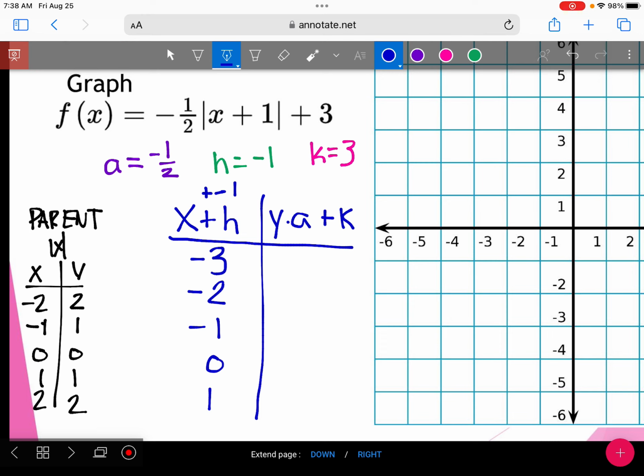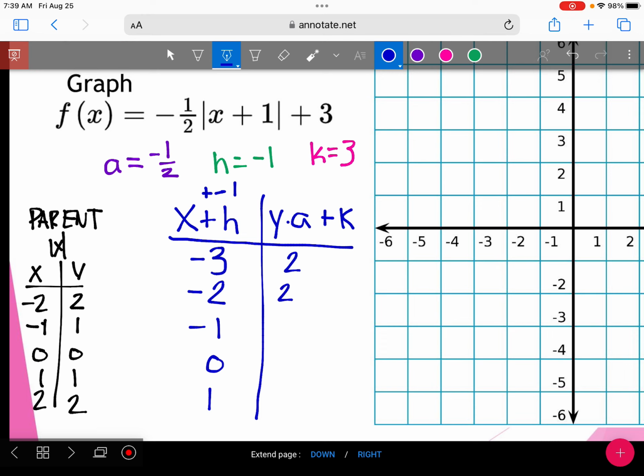So we're going to have 2 times negative 1/2 plus 3. What is 2 times negative 1/2? Negative 1. Negative 1 plus 3 is 2. 1 times negative 1/2, negative 1/2 plus 3. 2.5.